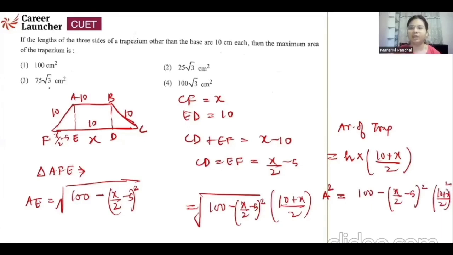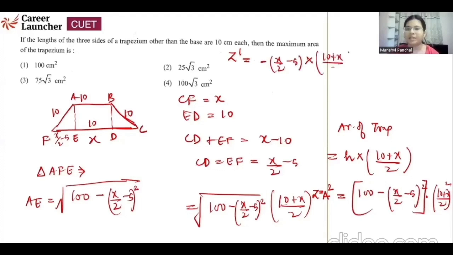Now we have to calculate the maximum area. So how will we do this? Let's say this is z. We will find z dash. There are two things here, so I'll differentiate each of them. First, if we differentiate this, this will be minus 2 (x by 2 minus 5) into 1 by 2, so this 2 will cancel out, into (10 plus x by 2) whole squared.